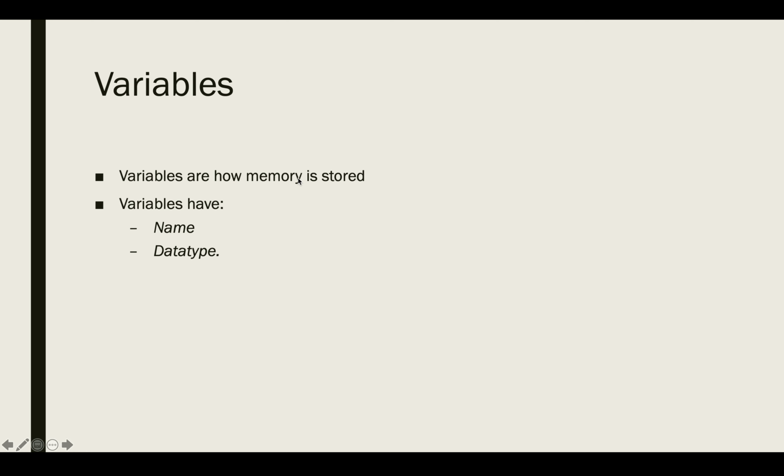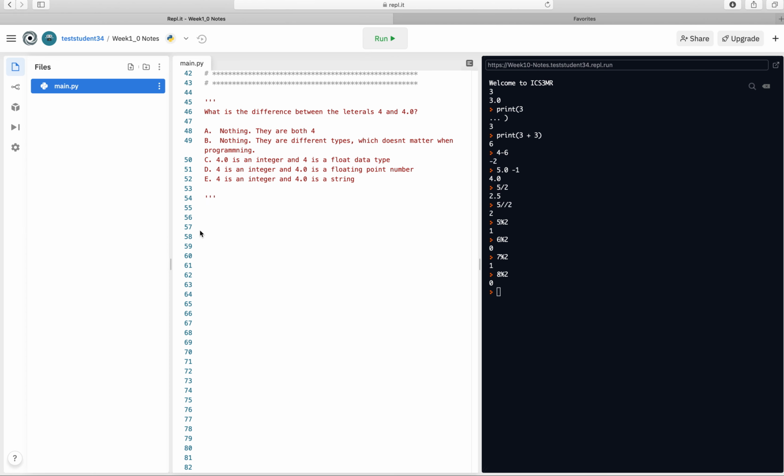Variables are how memory is stored. Variables have a name and a data type. When we want to store data, when we want to remember something, what are we remembering? We're remembering data. The place where I store it will be the name, and then you'll have the actual data.